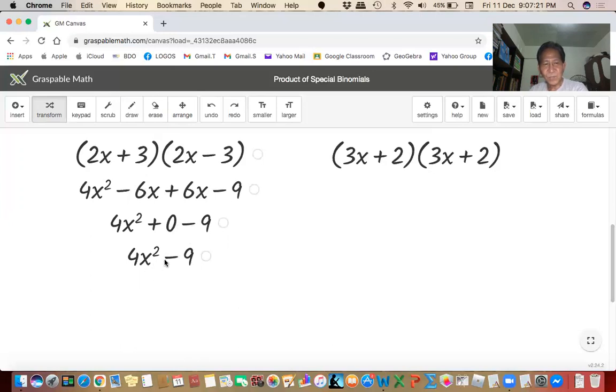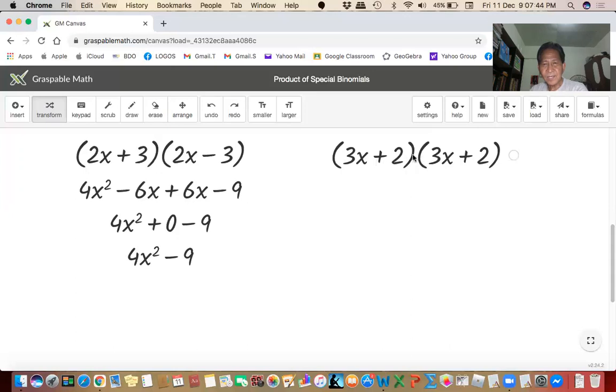So this is, again, what we call a difference of two squares. The difference of two squares is a binomial. Both terms are perfect squares. So 4x squared is a perfect square, 9 is a perfect square, and they're both connected by a minus sign. So this is what we call a difference of two squares.